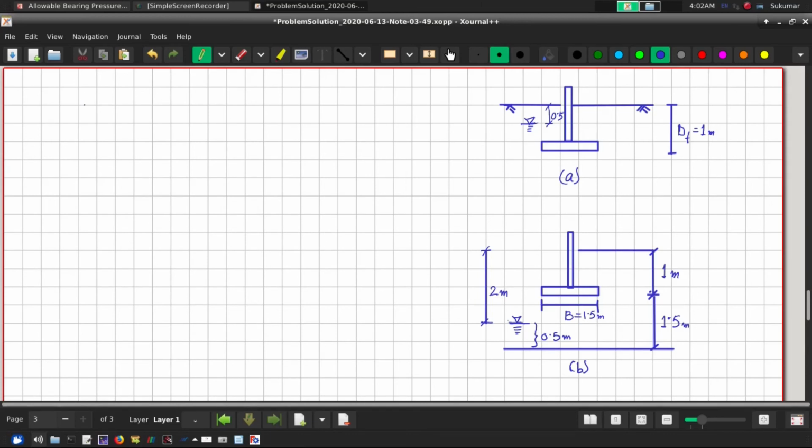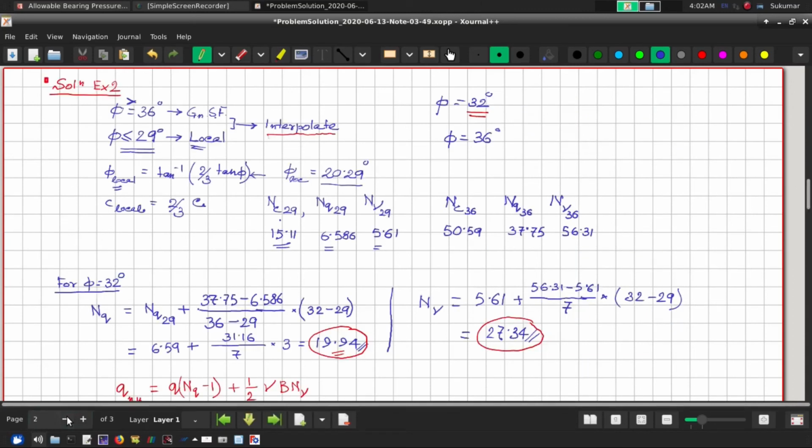The soil is the same, therefore we will use the same values of NQ and N gamma, because the phi is the same.